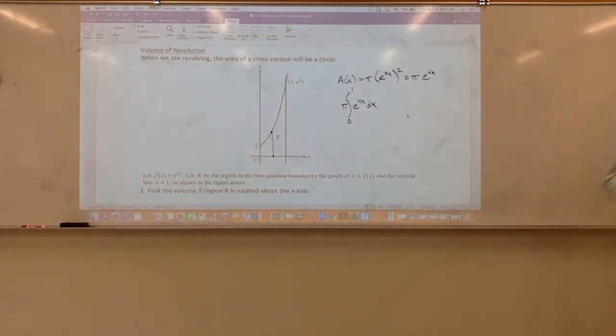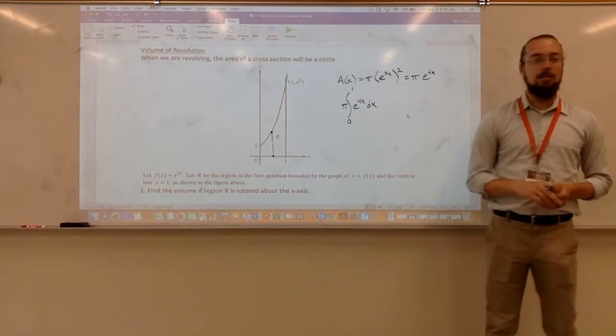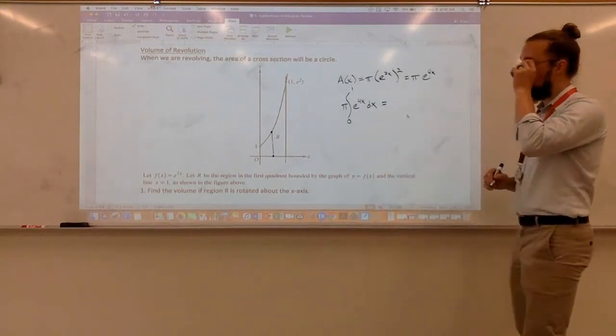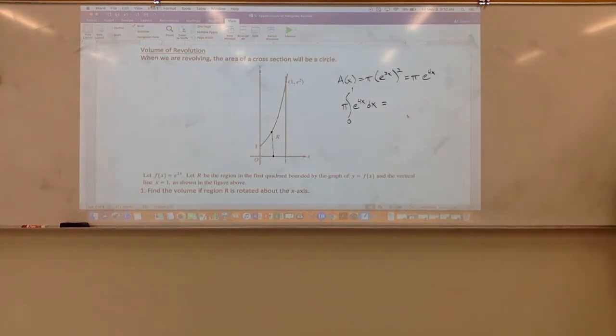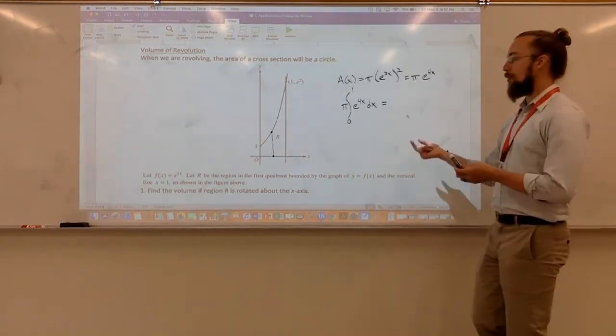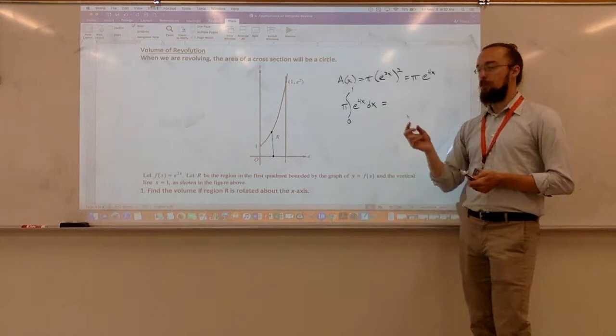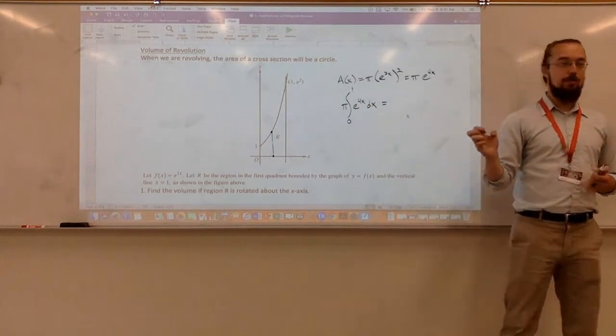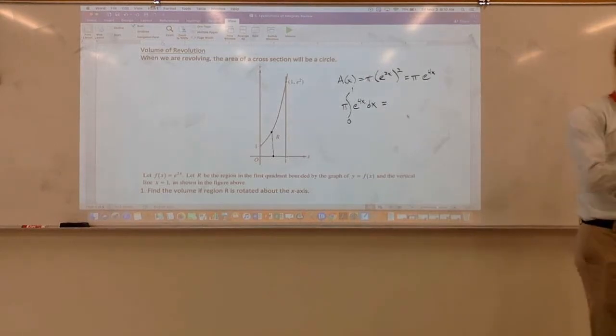We could actually do this one by hand fairly easily as well. We want to think about the antiderivative of e to the 4x. Technically, this would be a u substitution problem, but we may be able to think about this without one. If I take the derivative of e to the 4x, that would be e to the 4x times 4.